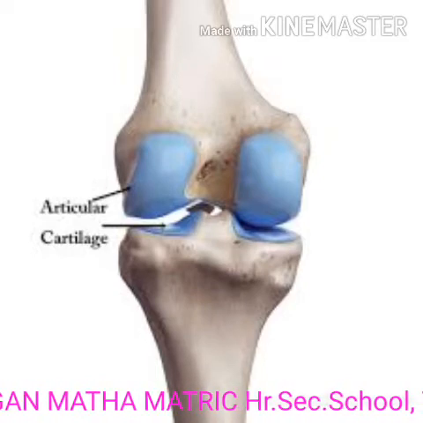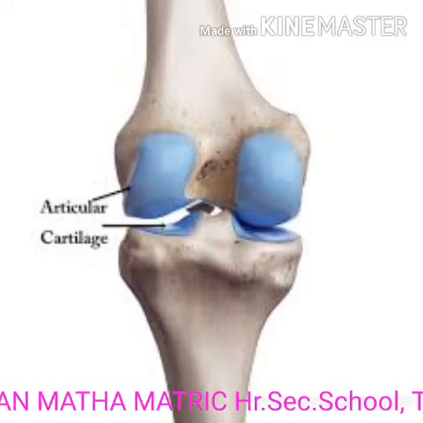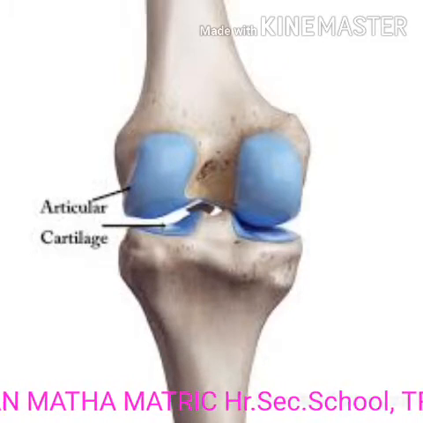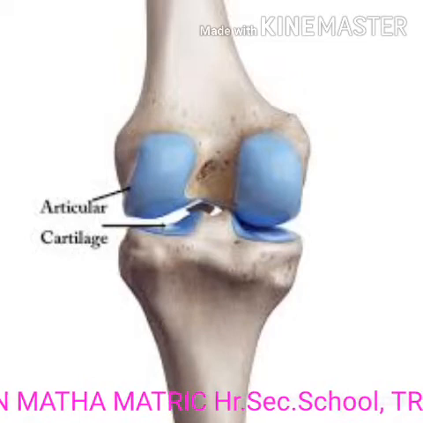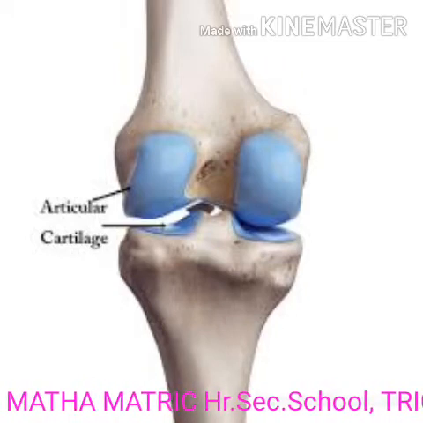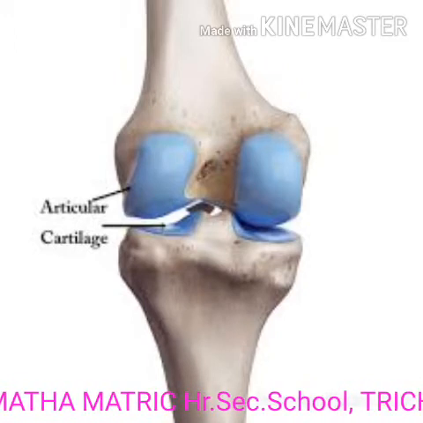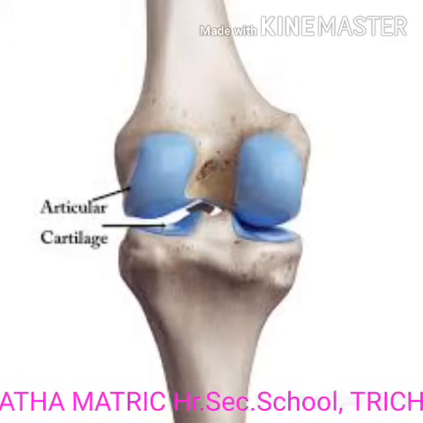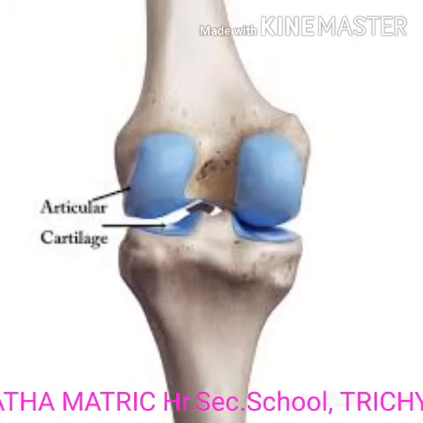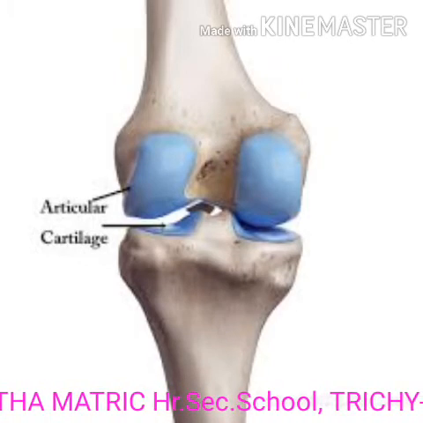Cartilage is present in the tip of the nose, external ear, end of the long bones, trachea, and larynx. It provides support and flexibility to the body parts.